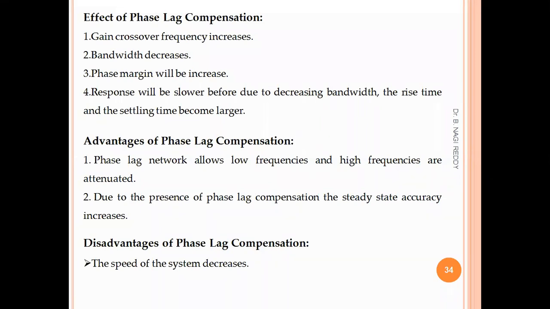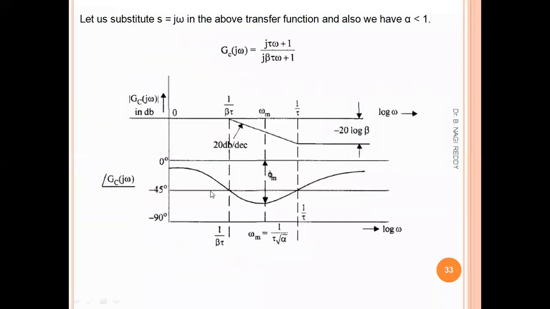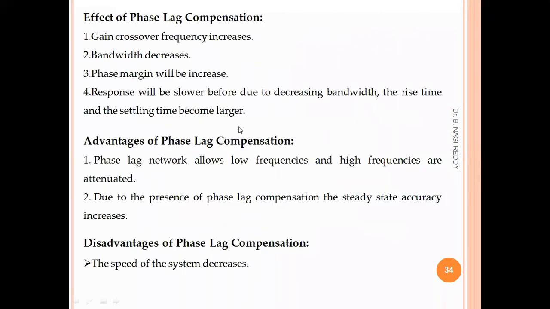And the bandwidth comes down. You can see here, this is the bandwidth, and this bandwidth comes down, and phase margin will get increased. But the response will be slower because we are having less bandwidth.